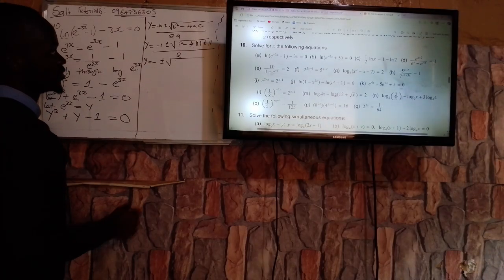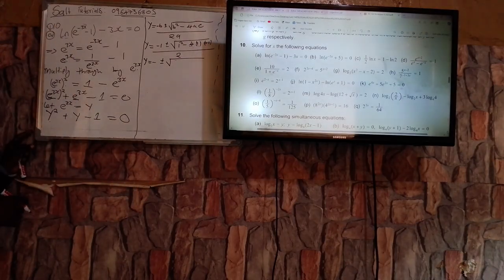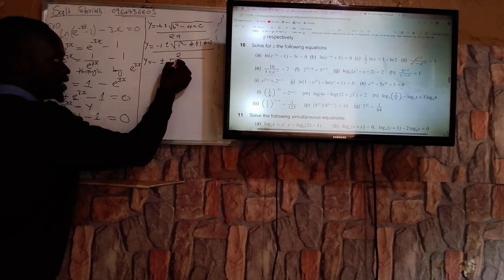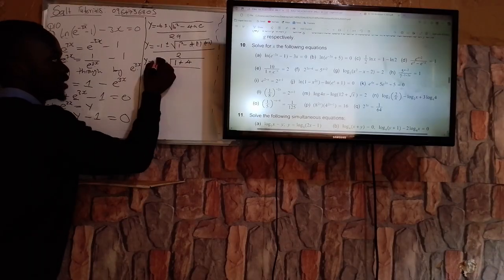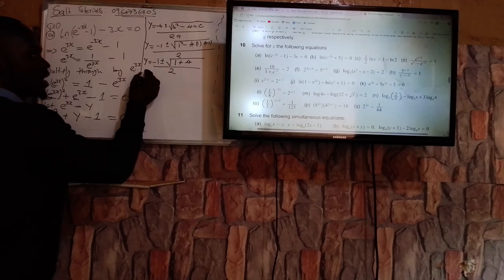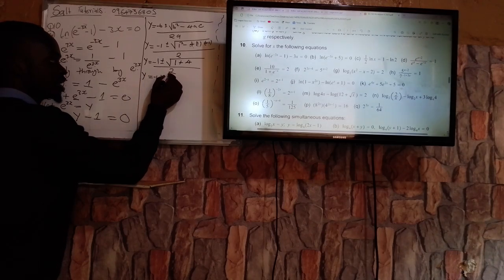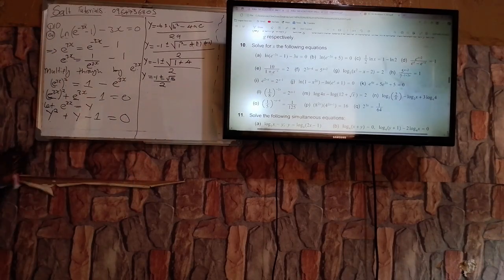Negative 4 times negative 1, that's not 5, but positive 4. So I'm going to have 1 plus 4 over 2, so that y equals negative 1 plus or minus the square root of 5 over 2.